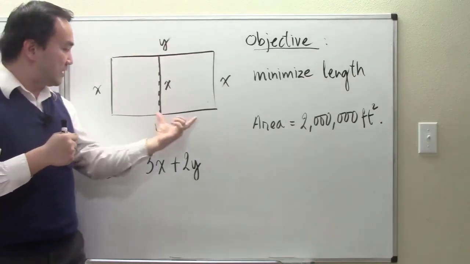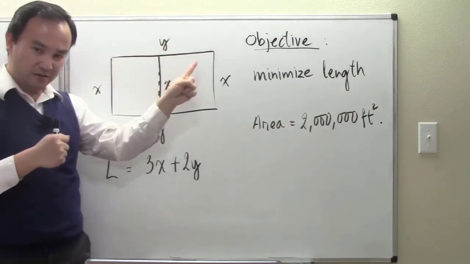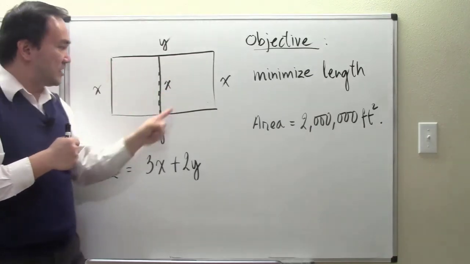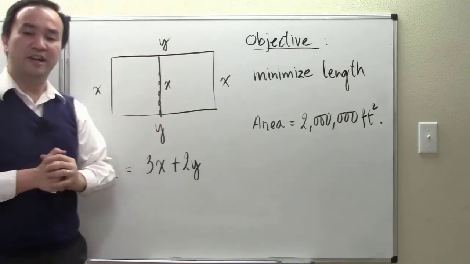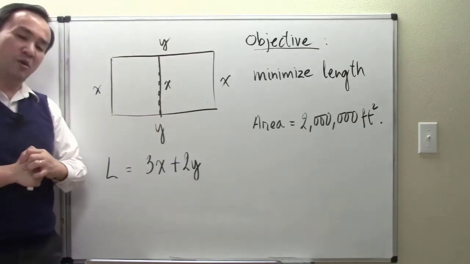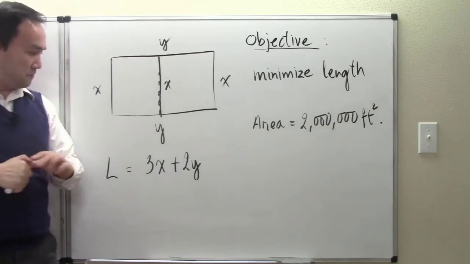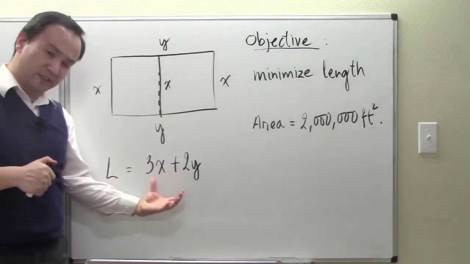So y represents these two longer sides of our rectangular field, and x is the shorter side right here, and there's also that length that cuts our area into equal halves right there. Okay, and so that's why I'm trying to point out this is something we can do.